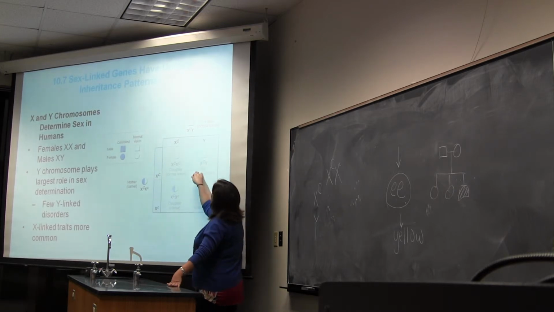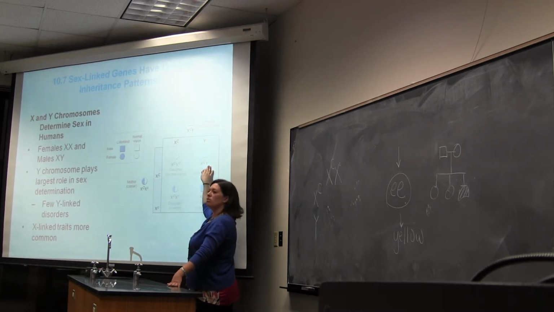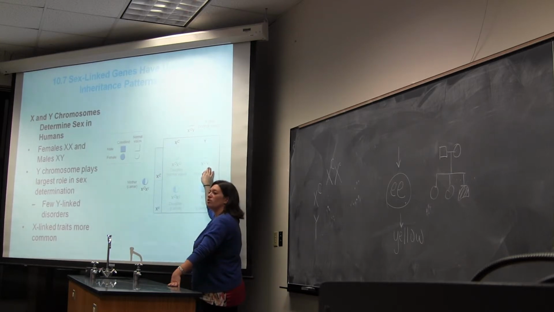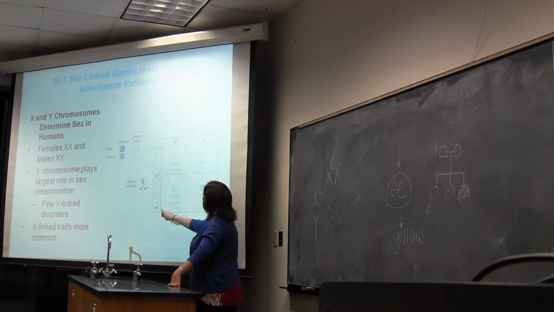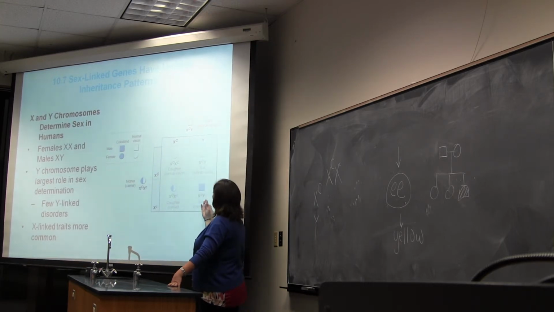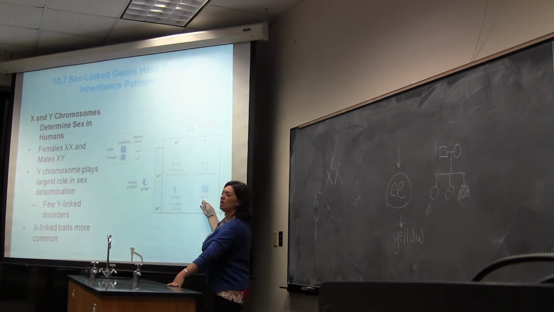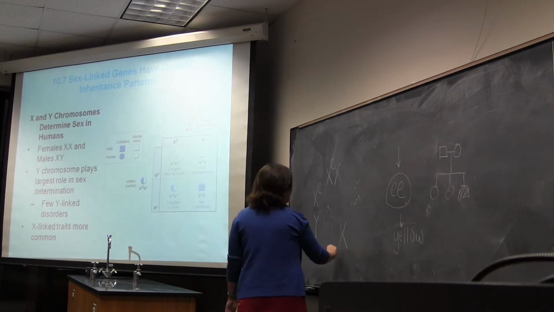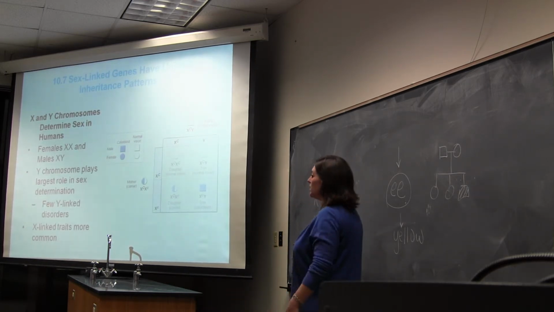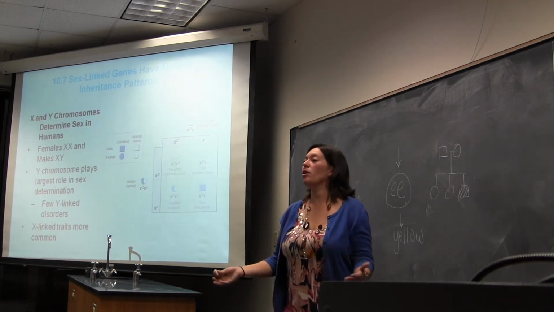Same thing with this son over here. He's going to inherit a normal Y chromosome from his father and a normal X chromosome from his mother, so he's going to be normal. But then there's a 25% chance that this little c will interact with this normal Y. So now this son has a little c and a Y, and that little c is telling you that you're going to be colorblind.